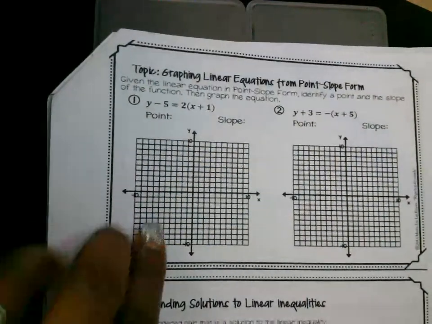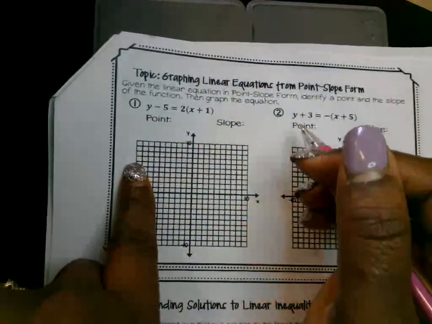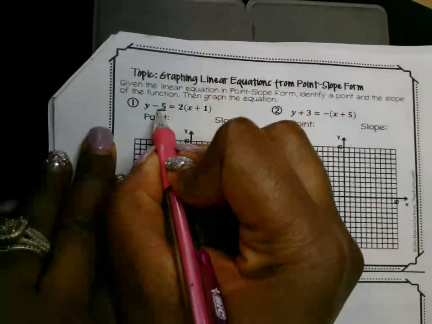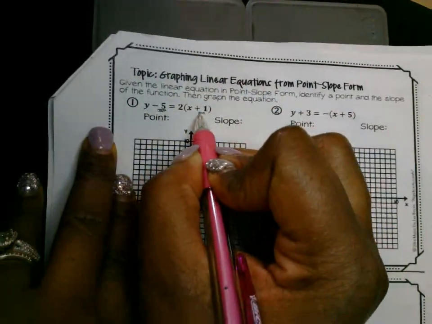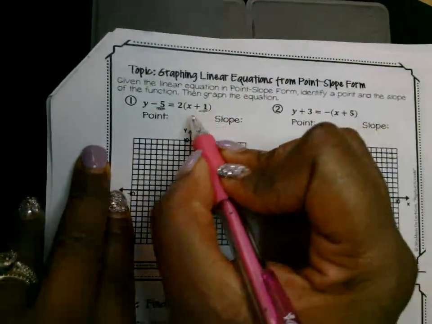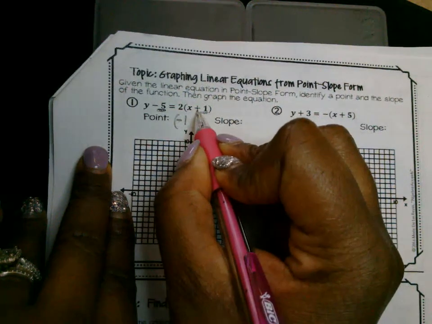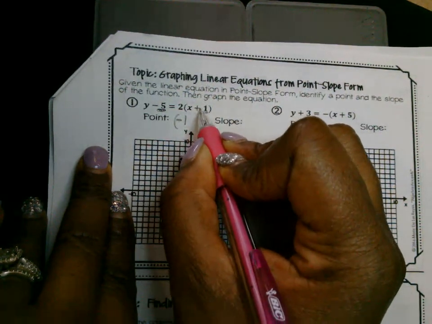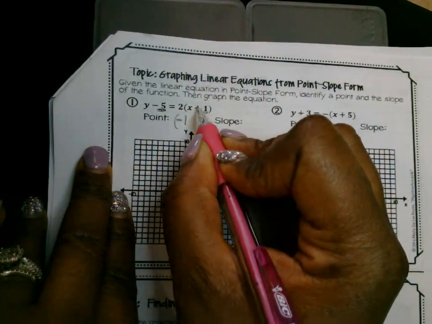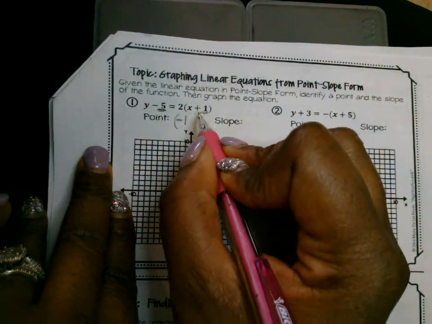So let's look at this one. All right, let's look at the point first. This is my y coordinate. This is my x coordinate. So my x coordinate is going to be a -1 since in the formula it's a minus. So in order for this to have changed to a plus, it had to have been a negative.